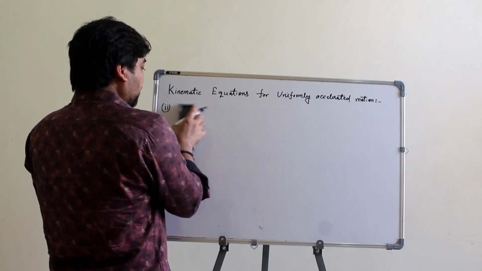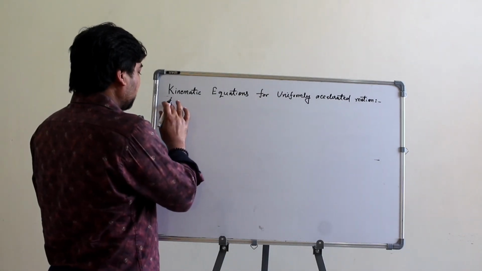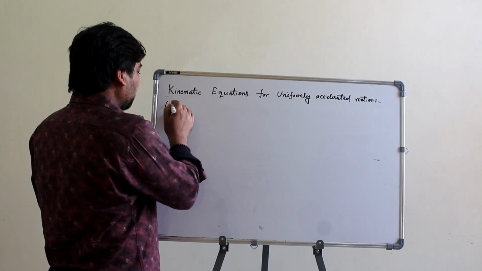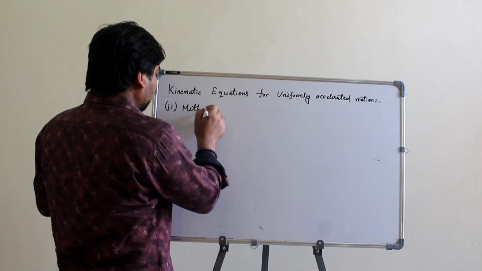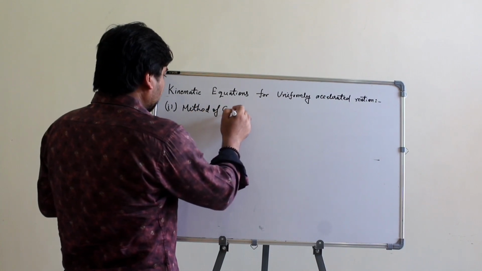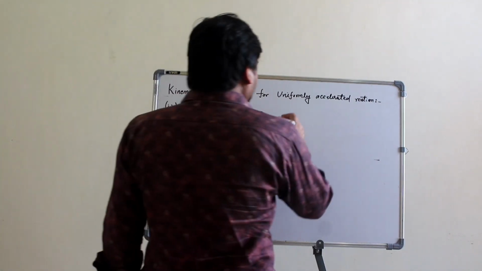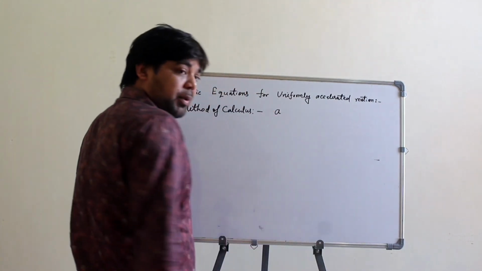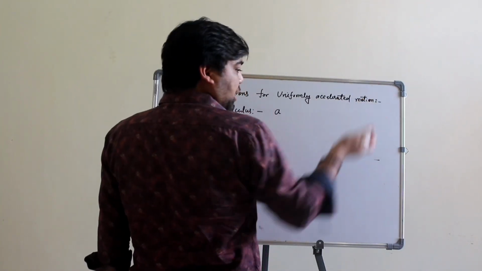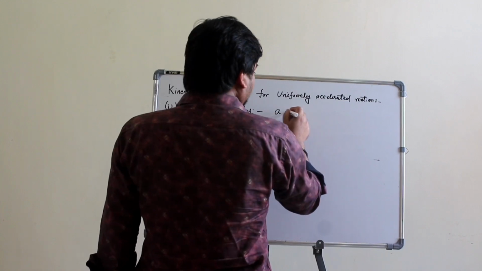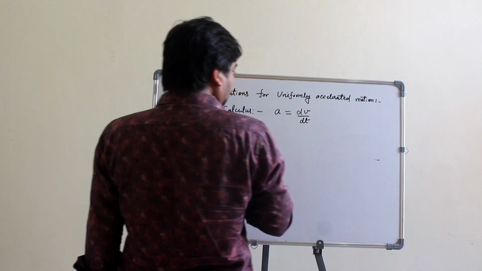Using calculus. So now we will discuss the method of calculus. For a uniformly accelerated motion, we use instantaneous velocity, a equals dv by dt.